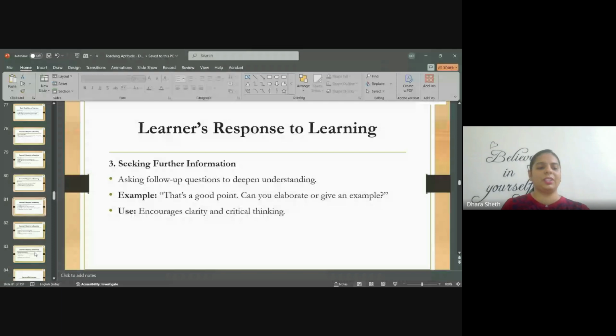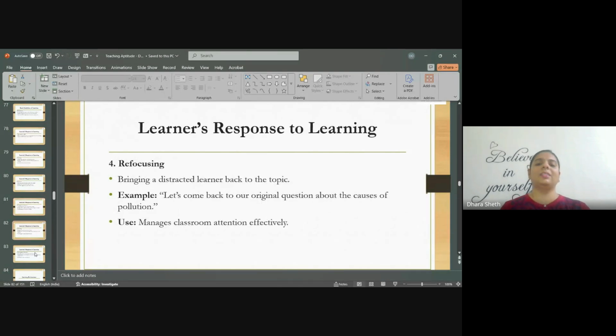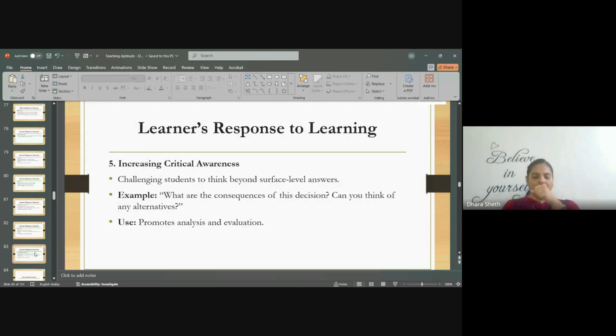Seeking further information. If they have given an answer, you ask follow-up questions to seek more information. Refocusing. When the discussion or the learners are distracted, you bring them back to the topic. And ask questions which increase critical awareness.